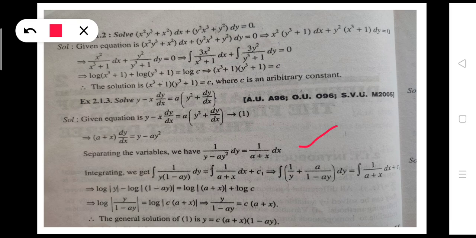Log a minus log b means log of a by b, that is log of mod y by 1 minus a y is equal to log mod of c into a plus x. This implies y by 1 minus a y is equal to c into a plus x. Therefore the general solution of equation 1 is y is equal to c into a plus x into 1 minus a y.